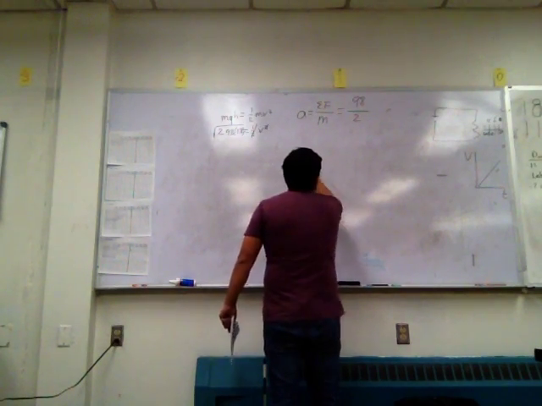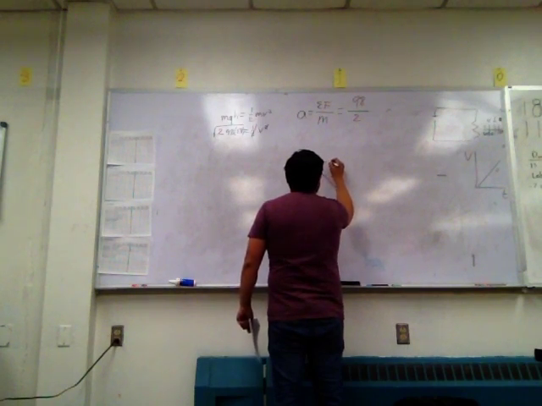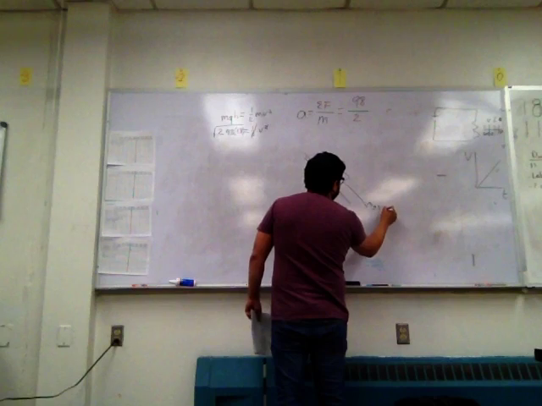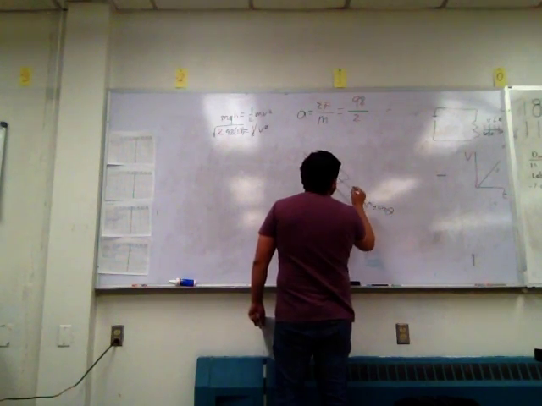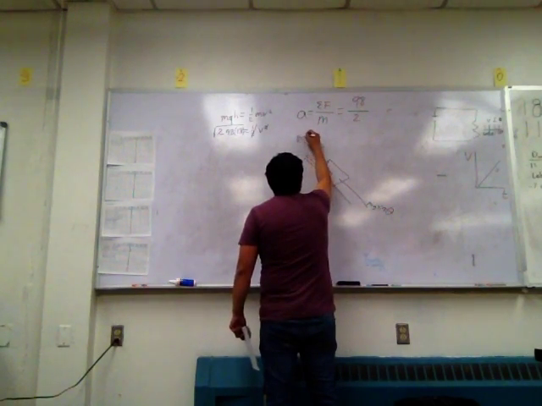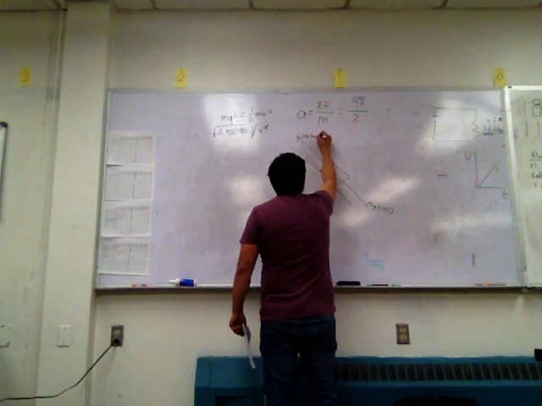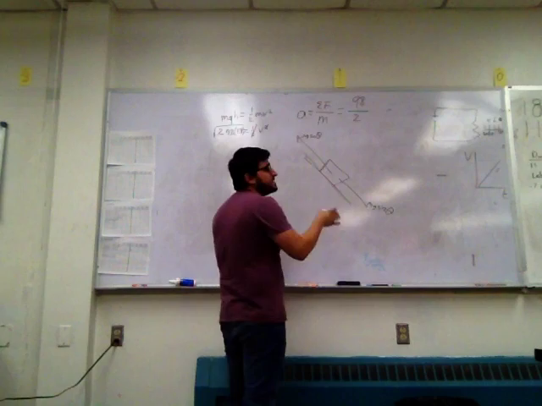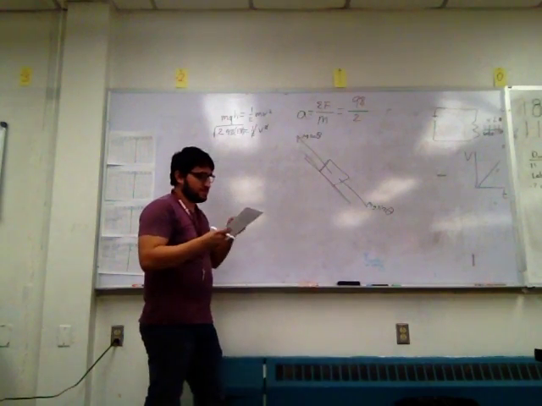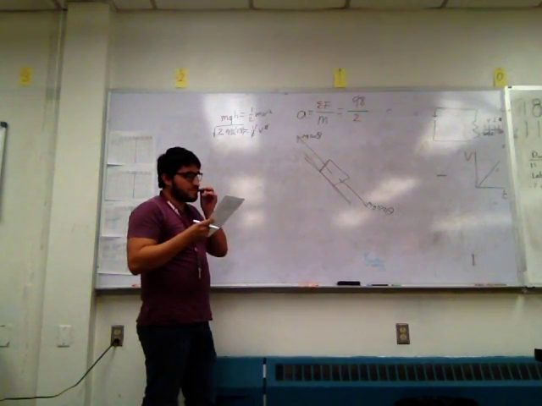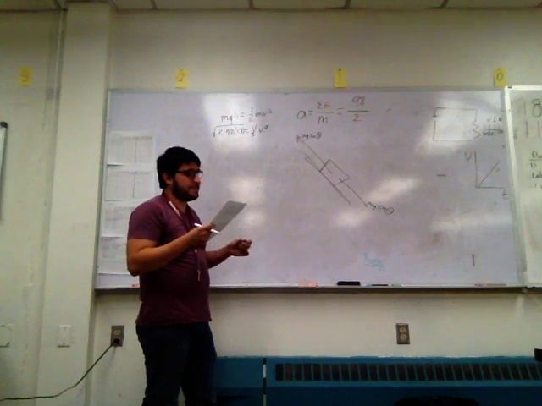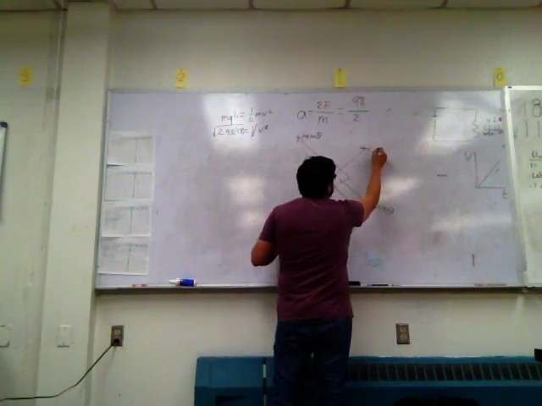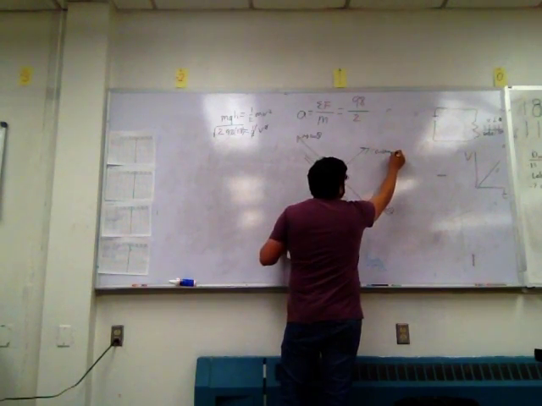Since it's on an incline, mg sine of the angle, and the force of friction would be mg sine of the angle, because they're balanced. So that's equal to each other. The normal force exerted on the block by the incline, what's the normal force equal to? Cosine of the angle, mg.